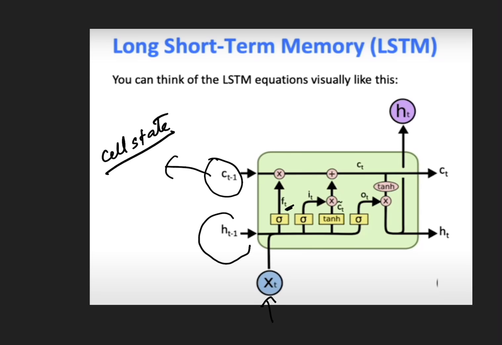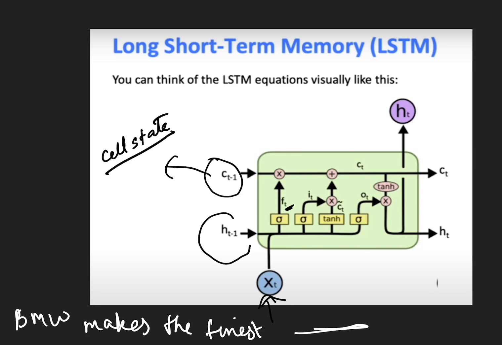And this is my forget gate. What does the forget gate do? It will take my current input and my hidden state. What was our example? BMW makes the finest blank. So let me write it down. BMW makes the finest blank.